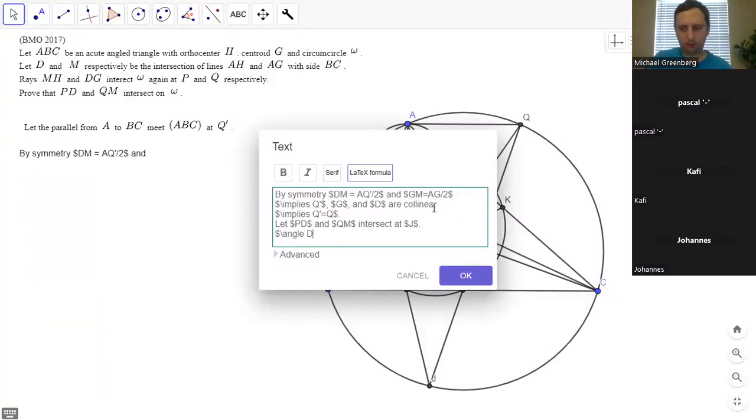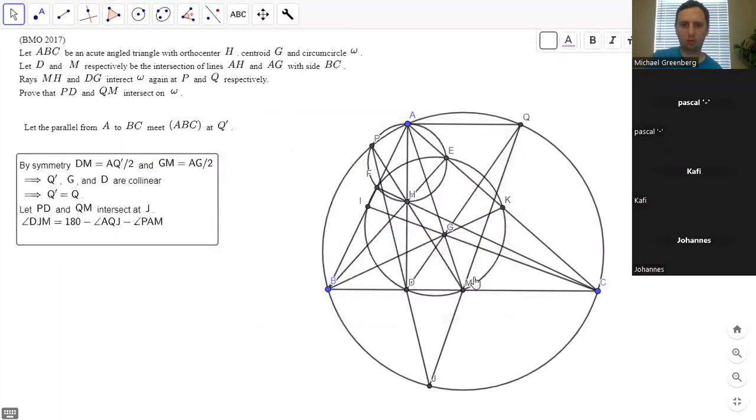So angle BJM is equal to 180 minus angle AQJ minus angle PAM, is equal to, let's think about this. Yes, and then AQJ is equal to MAQ.